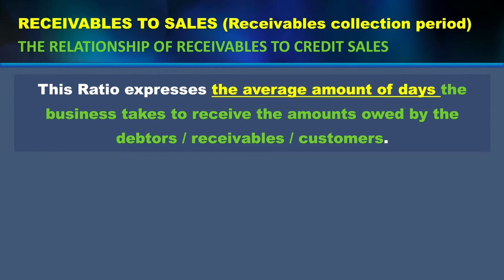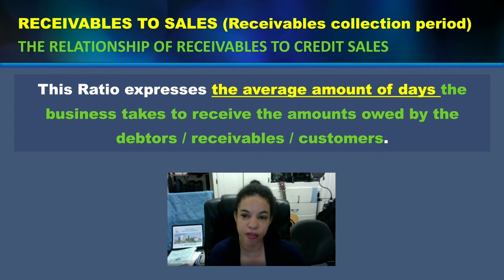All of these are the same thing. So how long on average does it take to collect the money that is owed from the customers after they have purchased from the business? After the business has sold to them on credit, they became debtors. How long does it take them to now pay that amount owed to the business?